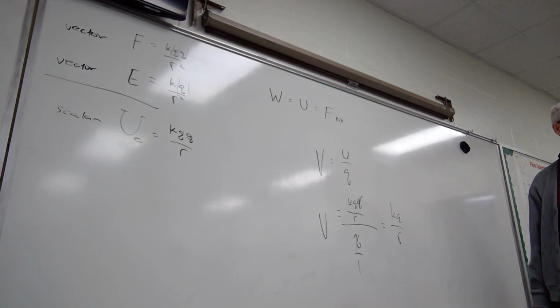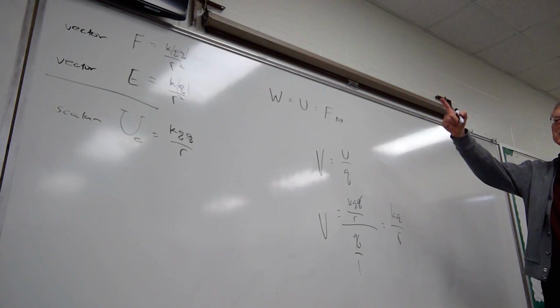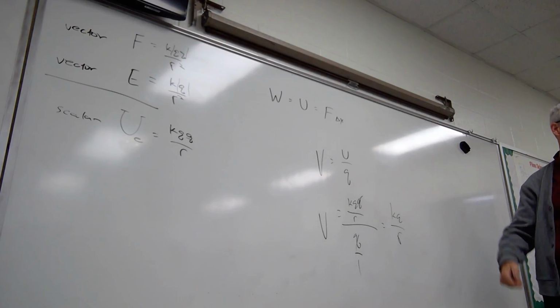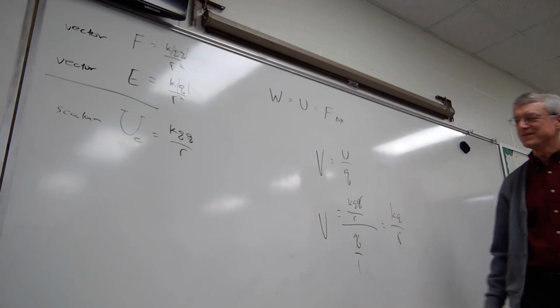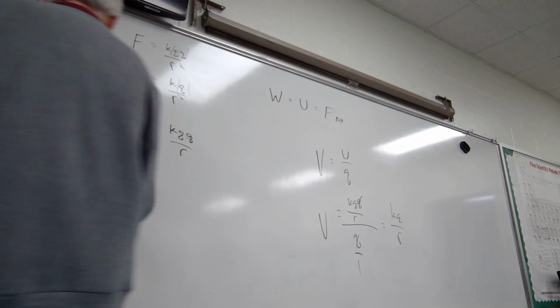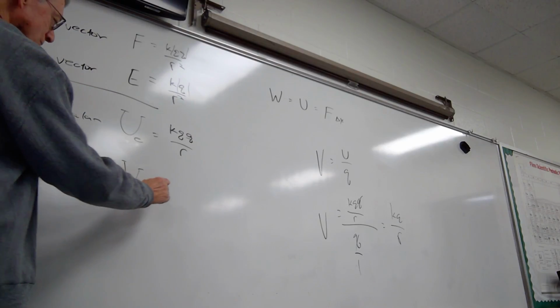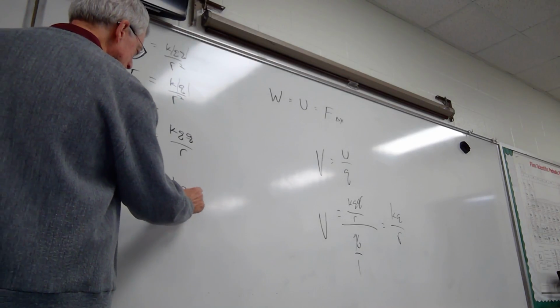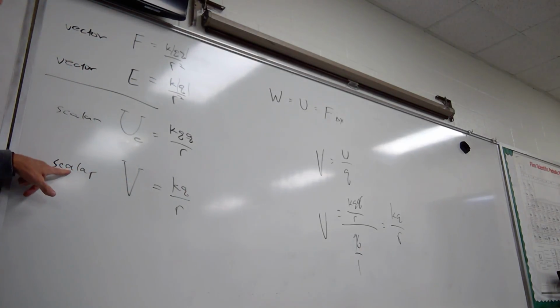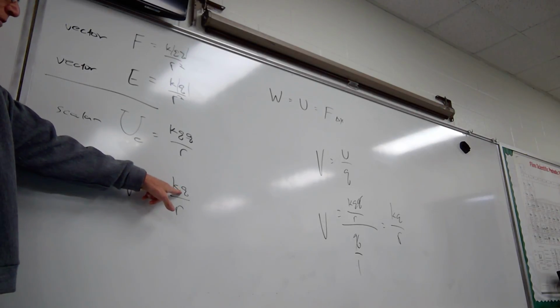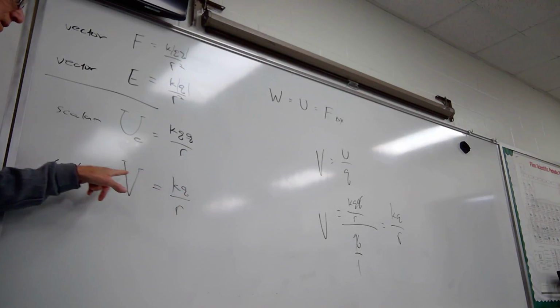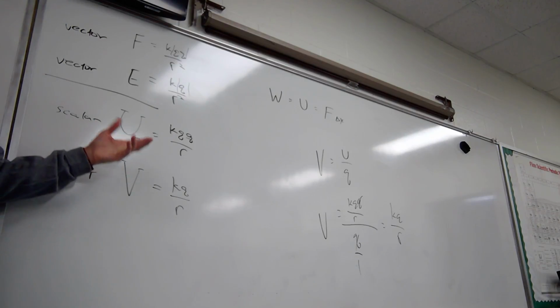Another one? Another one. They're all very similar with just one slight difference. Each one of these is slightly different. Now V is scalar again, so I'm going to write the word scalar. And there's the V for potential or voltage, and it's kQ over r. Since it's scalar, you do not put in the absolute value bars. If Q is negative, then V is negative.